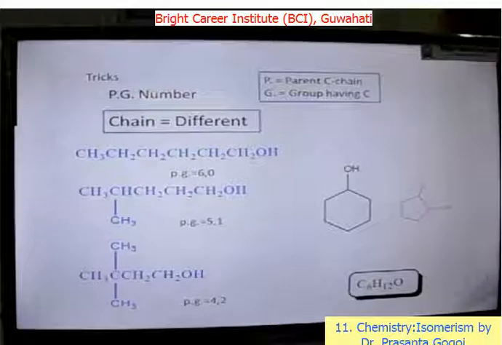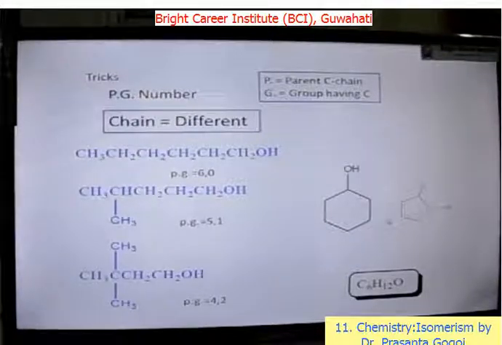In another example, like the ring compound, you can see how we can count the PG number, because here OH is directly attached to this carbon, so we count from this carbon number 1, 2, 3, 4, 5, 6. So the PG number is 6, and here no carbon substituent is present. The other substituent present is OH, but we are not counting it here, because we already said that G is the group having carbon only.